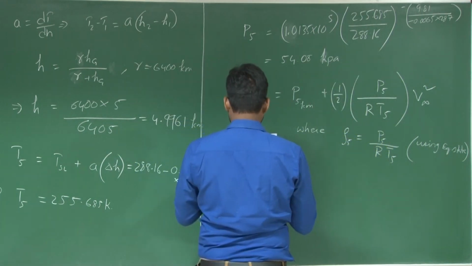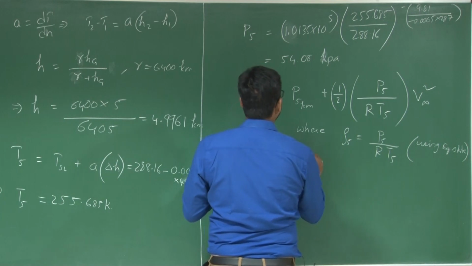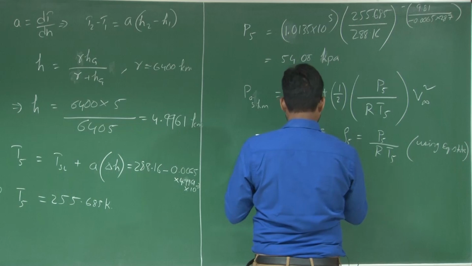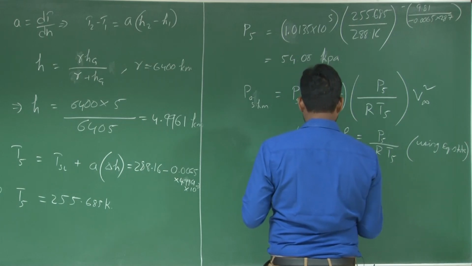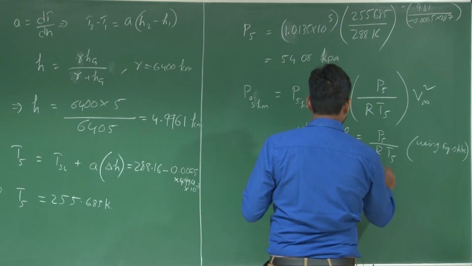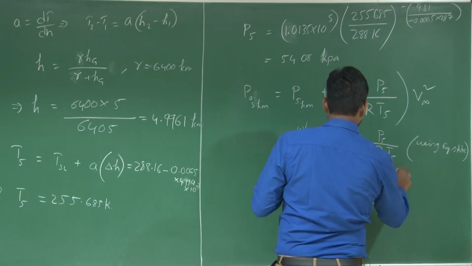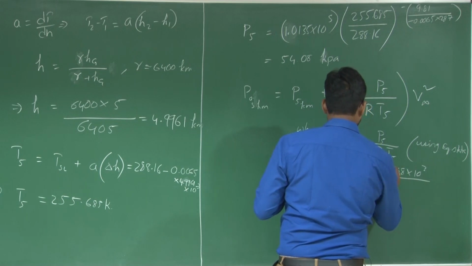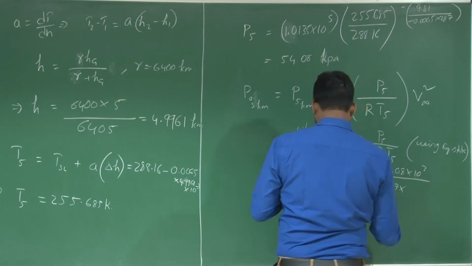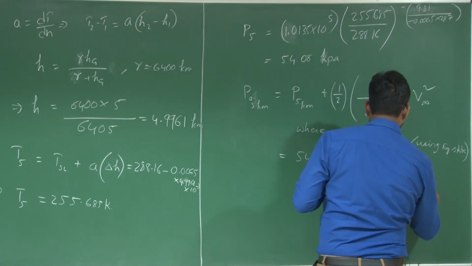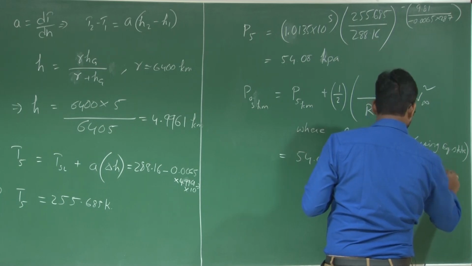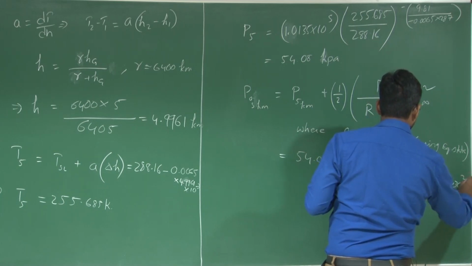This implies P at 5 kilometers is 54.08 kilopascals, that is 54.08 into 10 power 3, plus half into 54.08 into 10 power 3 divided by 287 into 255.685, into 30 square.